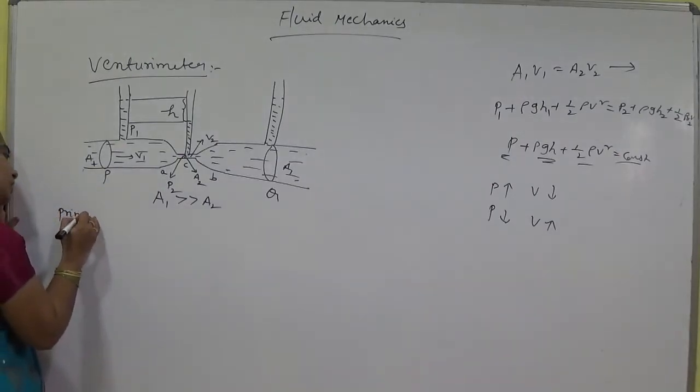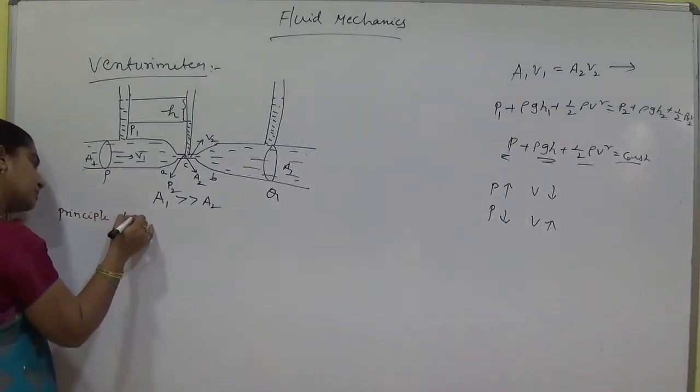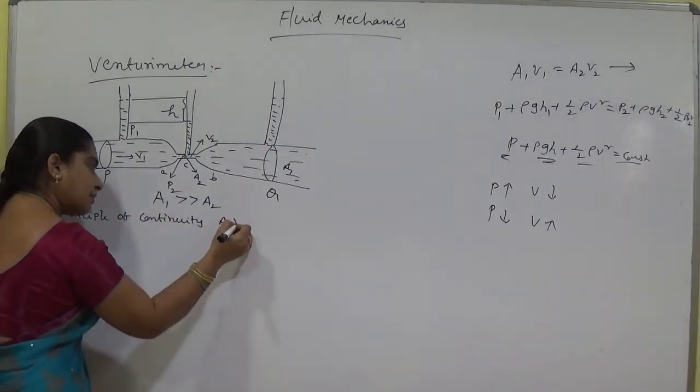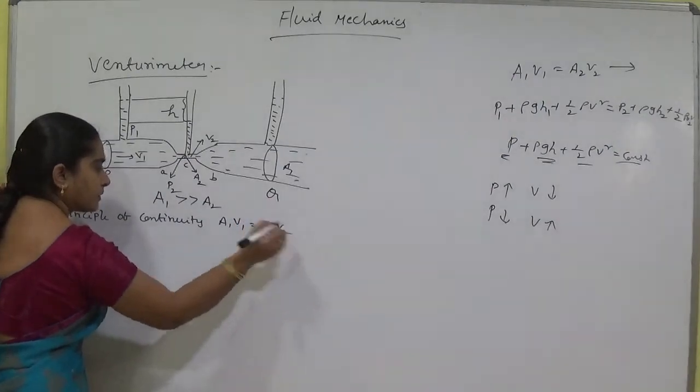By the principle of continuity, A1 V1 is equal to A2 V2.